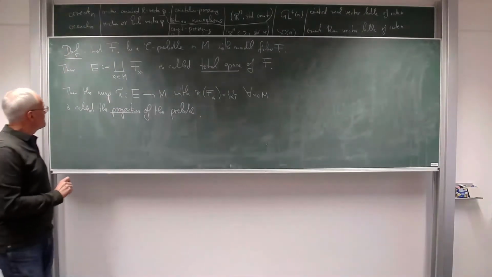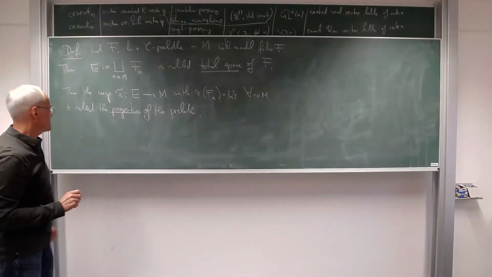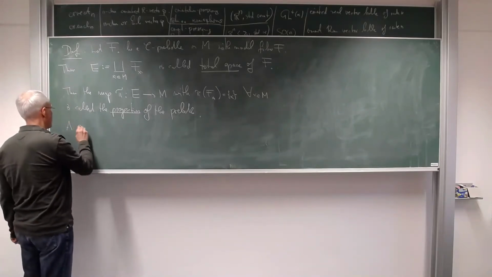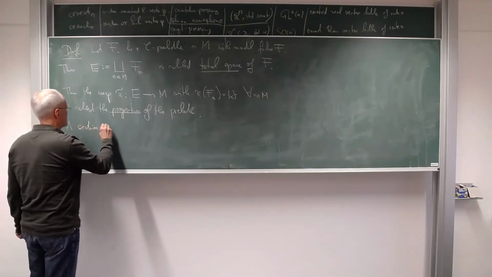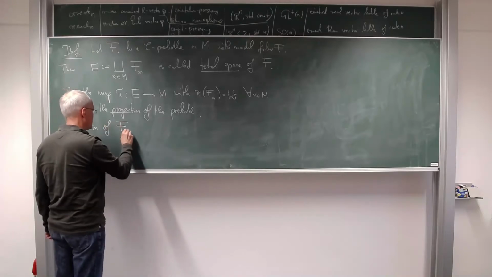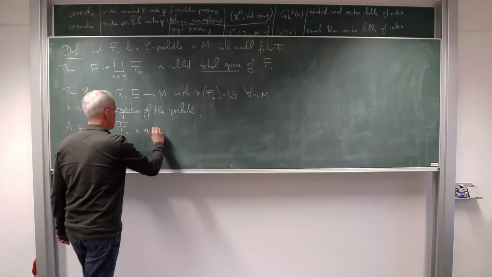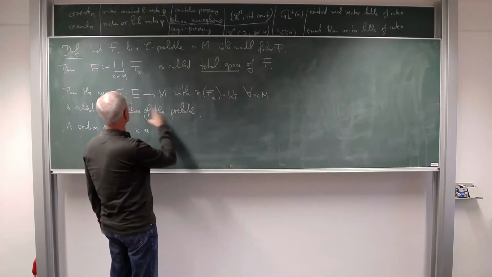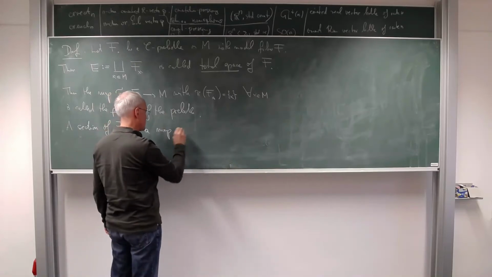Alright. And now I can tell you what sections are. A section of this pre-bundle is a map in the opposite direction. Let me call it s, like section.